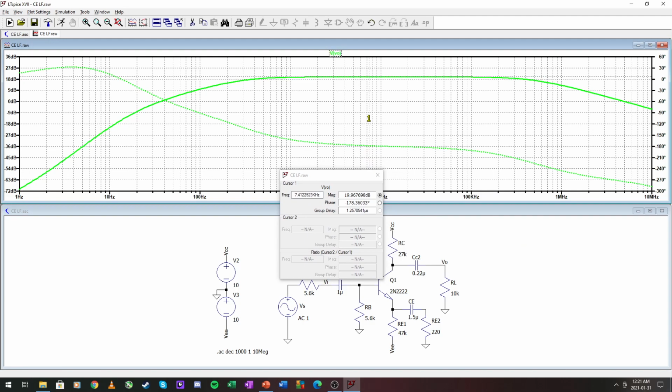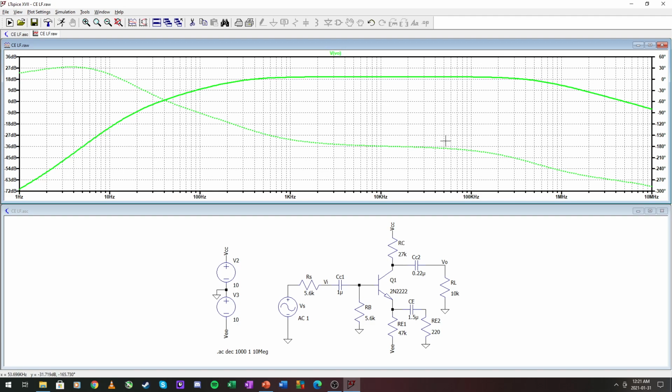We will be looking for 17 decibels. 17 decibels, 298.7 hertz. That is very close to what we designed for. Right, so we reach our specification.